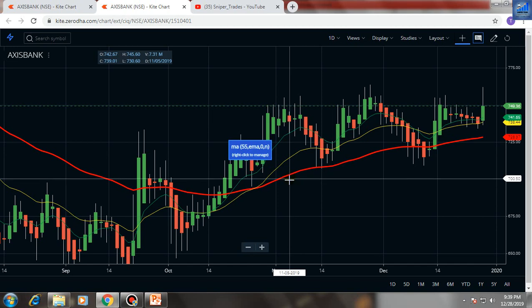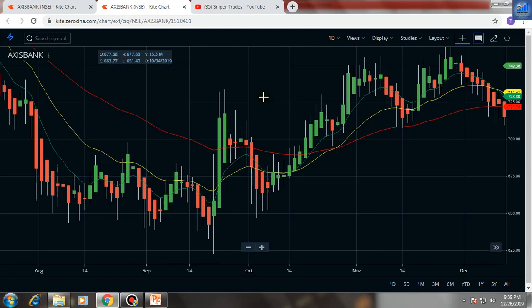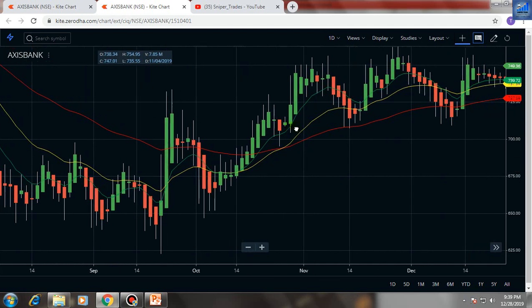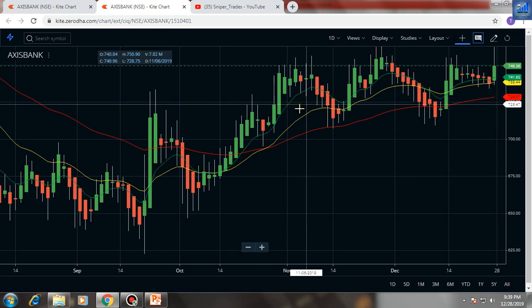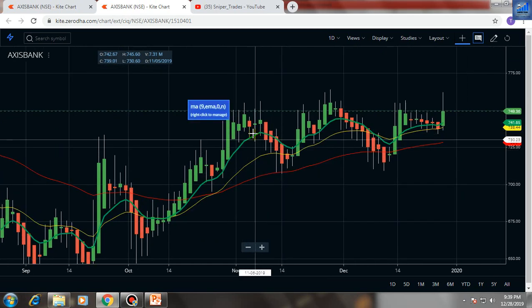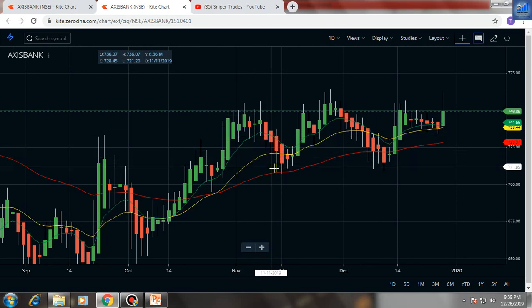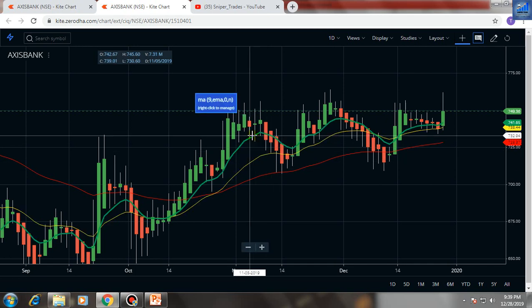So the short time trend is occurring. This green line is a faster moving average as compared to yellow and red. The fastest exponential moving average among these three is this 9 period exponential moving average.